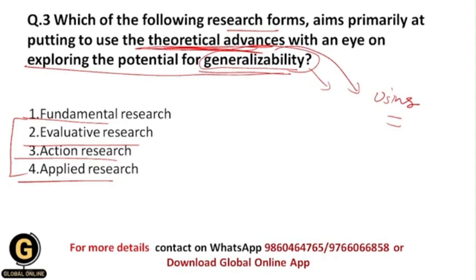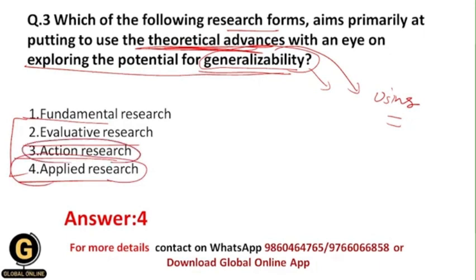And after getting the solution, it has that much potential so that we can explore it for generalizability purposes. So that's why the correct answer here is 4, because we are applying laws to our research problem, and this is nothing but applied research.